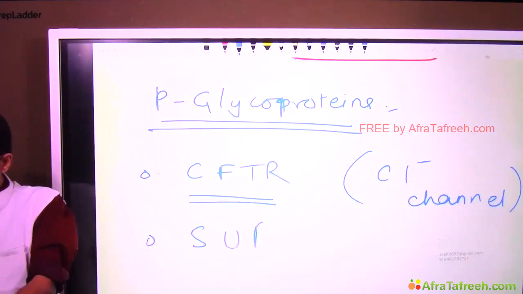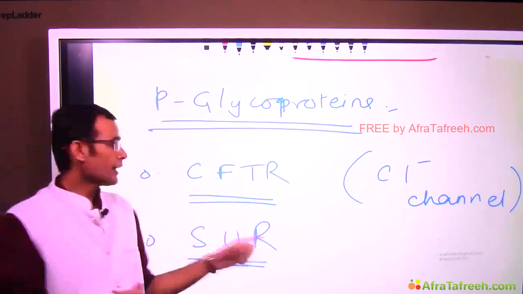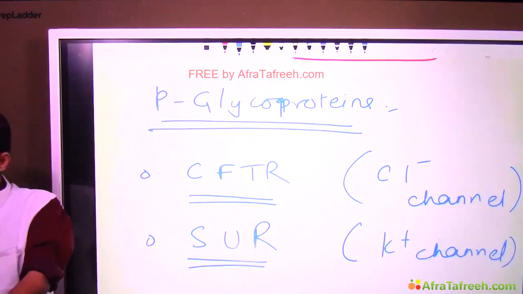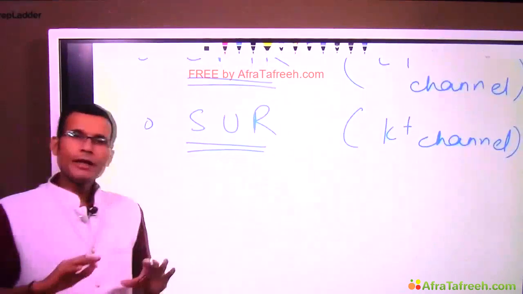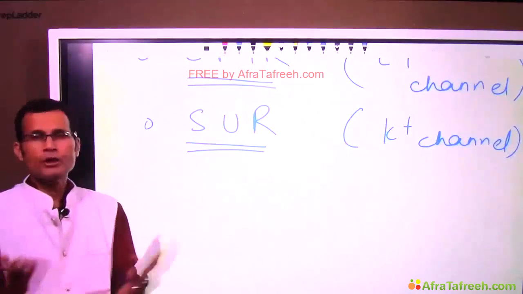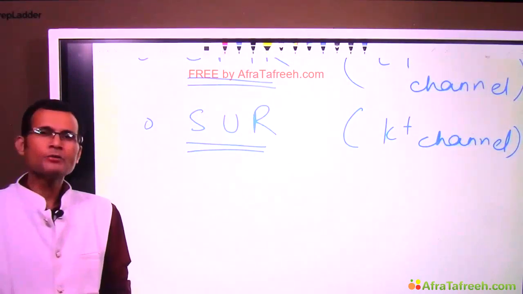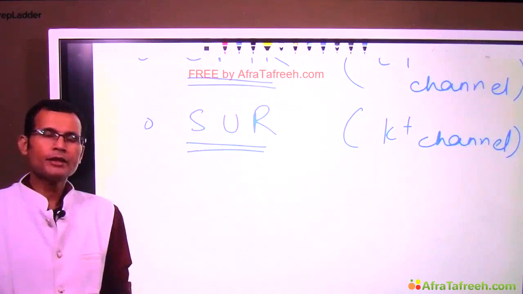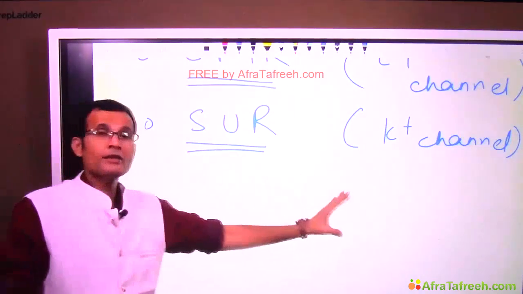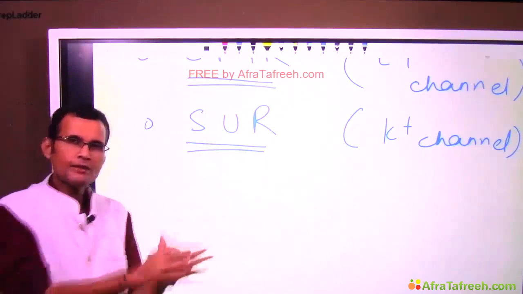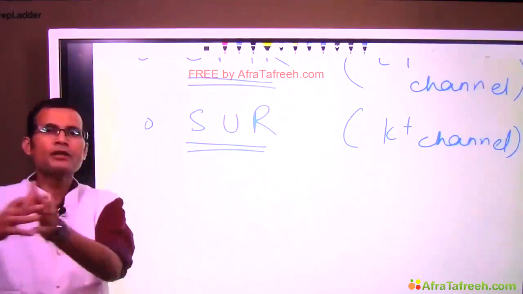Or SUR, sulfonylurea receptor. That's a potassium channel, but it's an ATP dependent potassium channel. So a channel is for the diffusion, we know that. And diffusion is a passive transport, it does not need ATP's energy. But these channels are different, they do need ATP. So that's why I have placed them again as ATP dependent transport proteins.